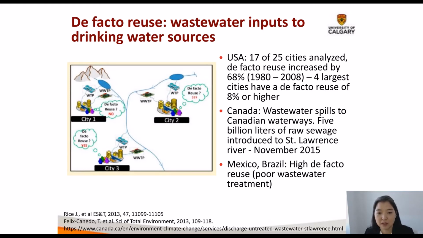There was a study done in the USA in 25 cities over a 30-year period. 17 of those 25 cities had an increased de facto reuse, about 68%. The 4 largest cities have a de facto reuse of about 8% or higher.